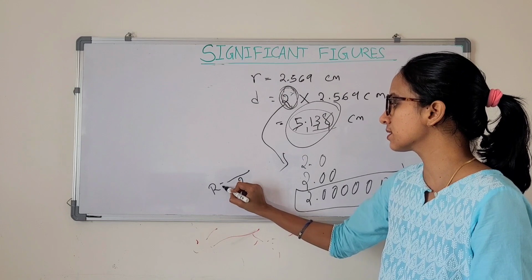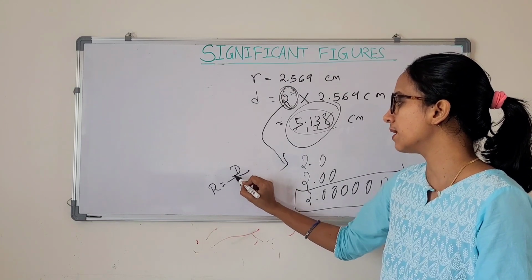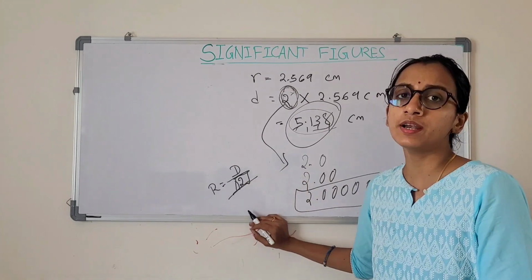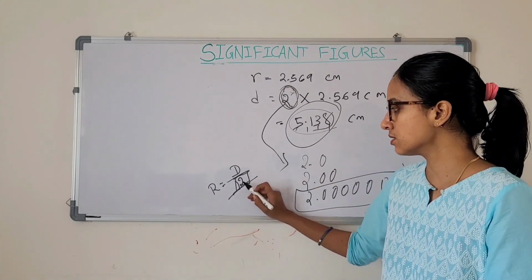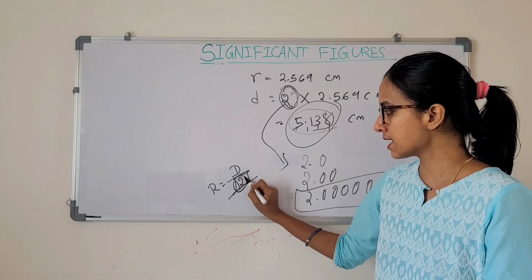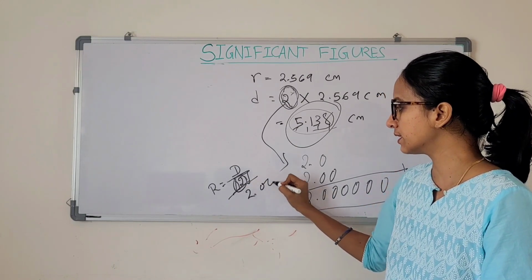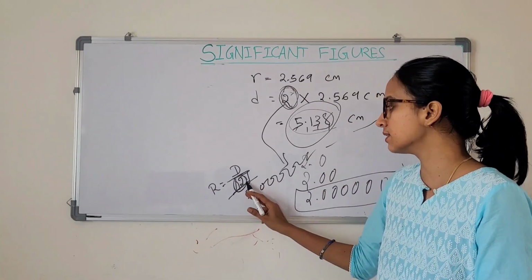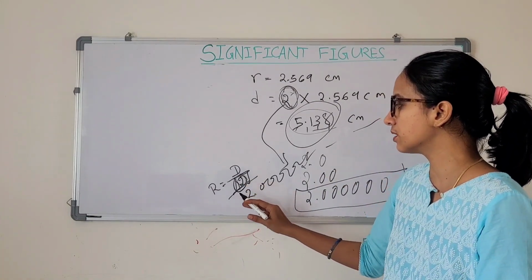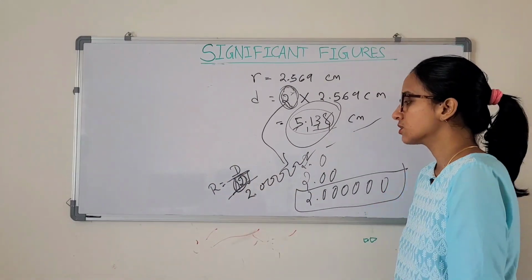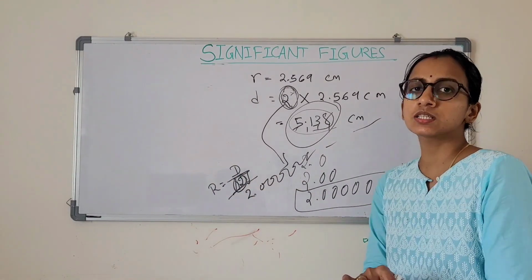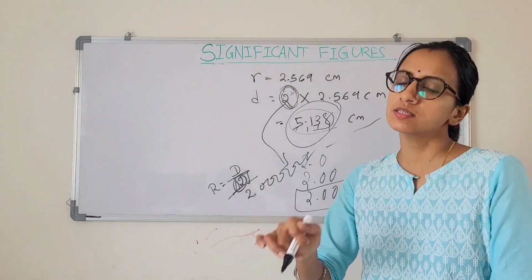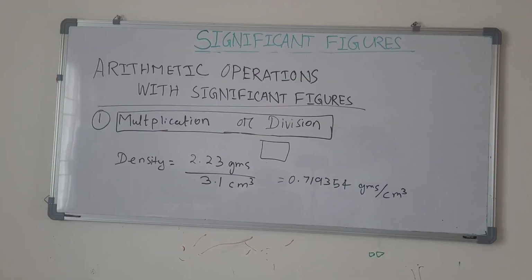Suppose radius is equal to diameter by 2. This 2 has an infinite number of significant figures, because it is an exact value. You can represent it with an infinite number of zeros. You can't say that it has only one or two significant figures. So for exact values, the number of significant digits is infinite.